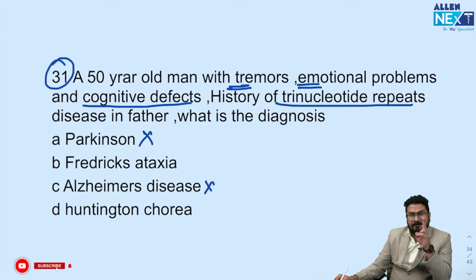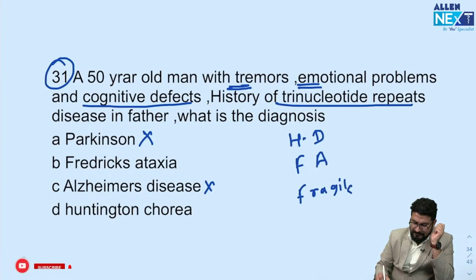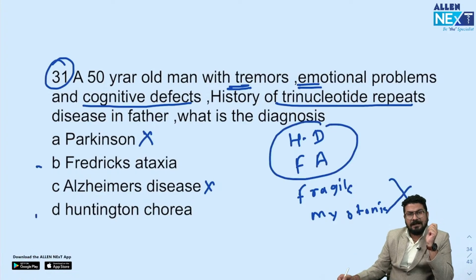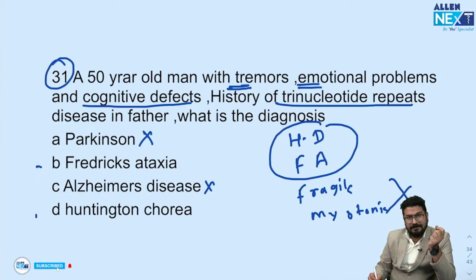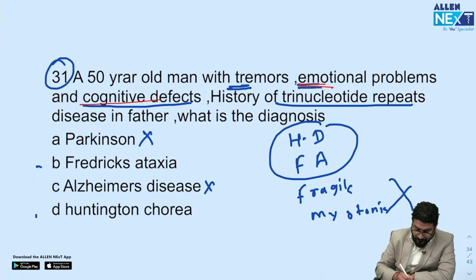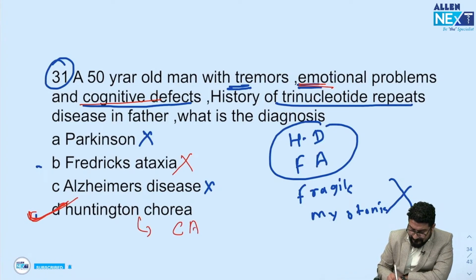There are a total of 4 diseases: Huntington disease, Friedreich's ataxia, Fragile X syndrome, and myotonic dystrophy. Two of these are not given in the options. Now we have only these 2, Friedreich's ataxia or Huntington disease. In ataxia, there will be mainly a problem with the gait. But the patient is having tremors, emotional problem, cognitive defect, which means dementia features. So that is more towards Huntington disease. So the answer for this question will be Huntington chorea. And in Huntington chorea, what you will see is CAG repeat.